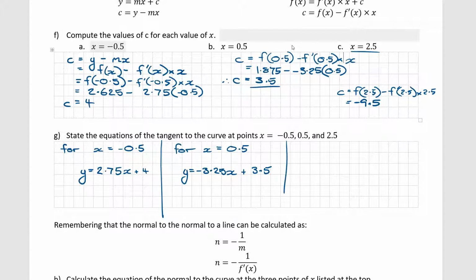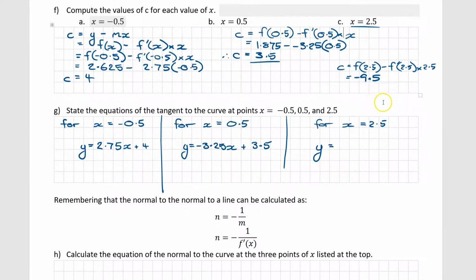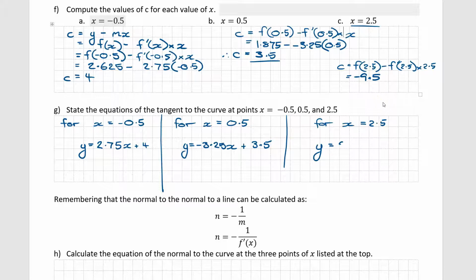And then finally, for x equals 2.5, let's go up to see the gradient, 2.75, so the equation is y equals 2.75x minus 9.5, because it's minus 9.5 there.